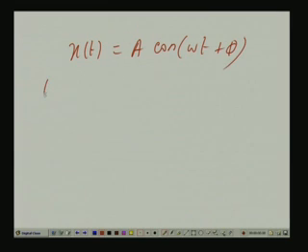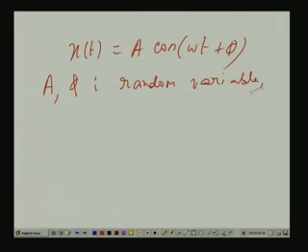On the other hand, consider this. I am coming back to the same example, A cosine omega t plus phi, with A and phi random variables given, mutually independent, that is statistically independent.